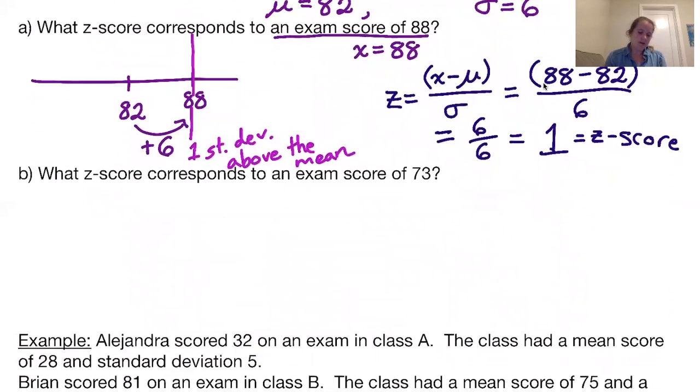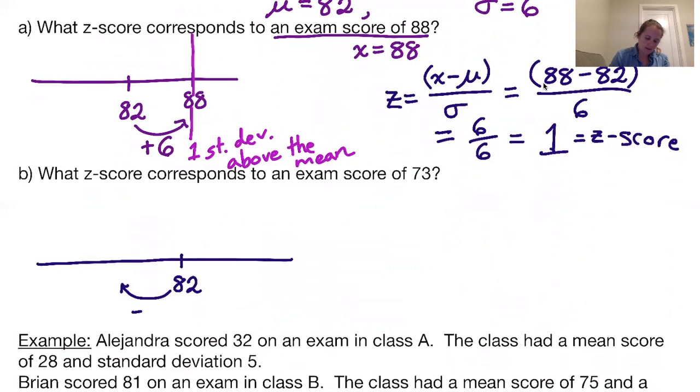Now what z-score corresponds to an exam score of 73? Here's our 82. If we go 1 standard deviation below the mean, that would put us at 76. If we go another standard deviation below the mean, that would put us at 70.